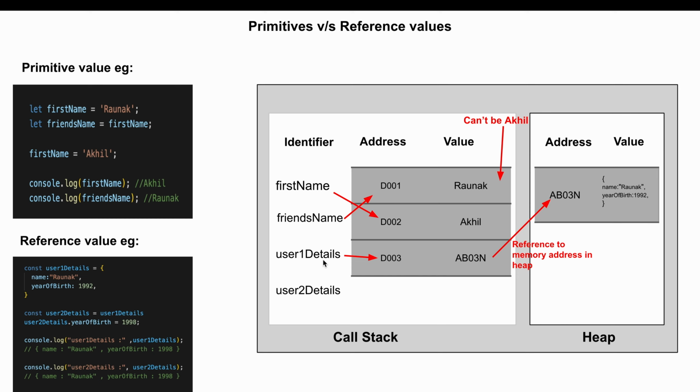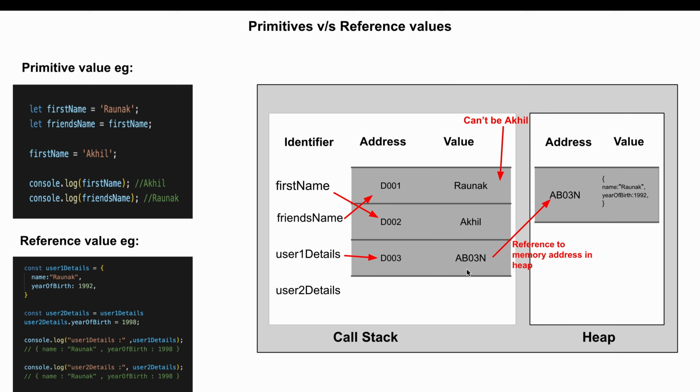So you can say the object got stored into the heap, we got some address there, and then we created one variable, user1 details. For this, one address got generated in the call stack. In the call stack, the address which got generated in the heap gets stored as a reference.